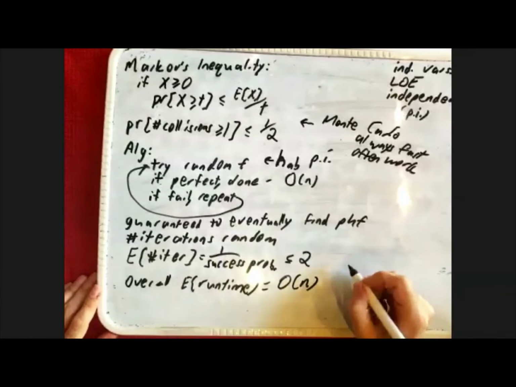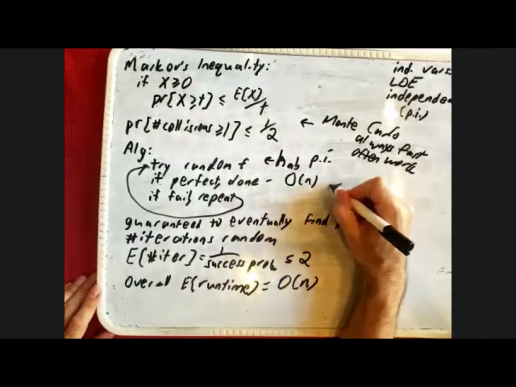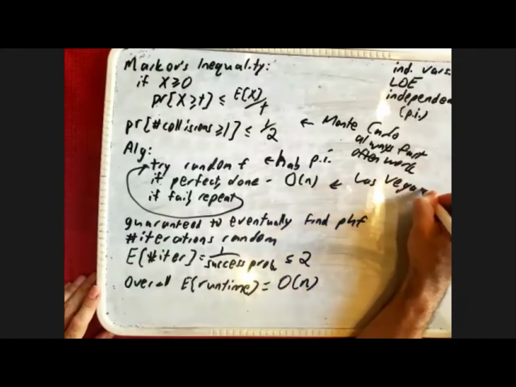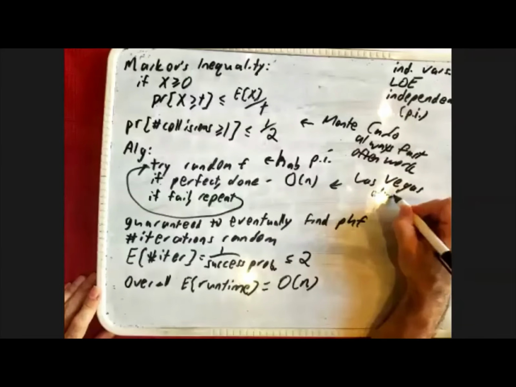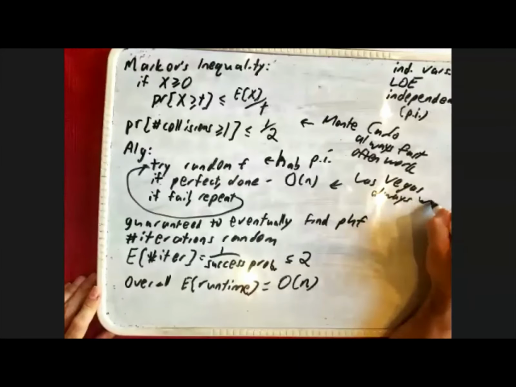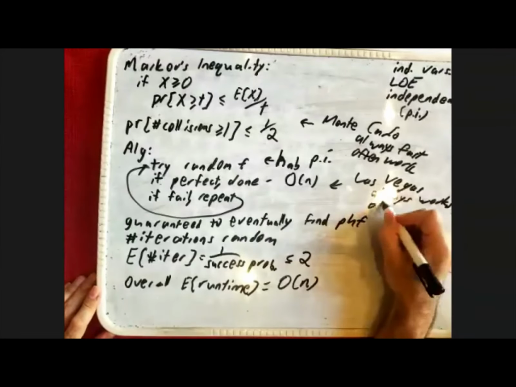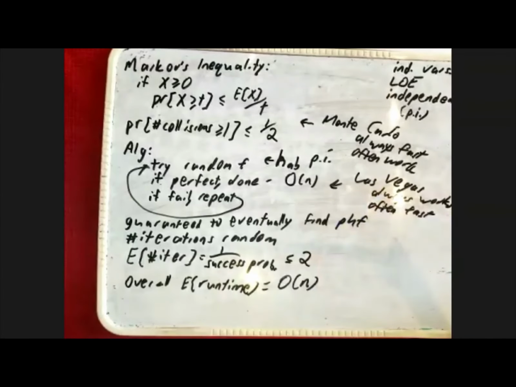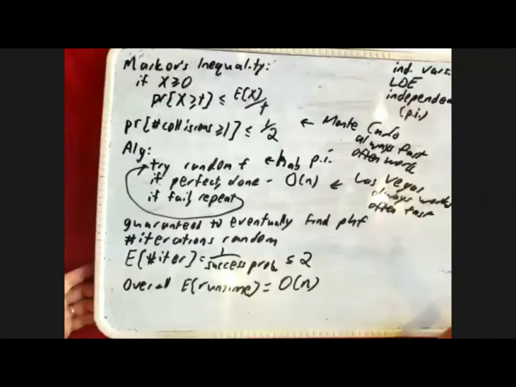And what we defined here by doing this iteration is what's known as a Las Vegas algorithm, which means that it always works, and it is often fast. And you can basically turn any Monte Carlo algorithm into a Las Vegas algorithm by just repeating it until you succeed. It's also possible to go the other way, but it's a little more complicated to describe.